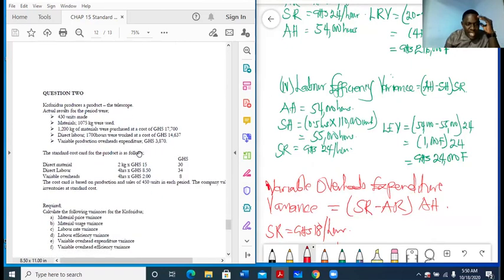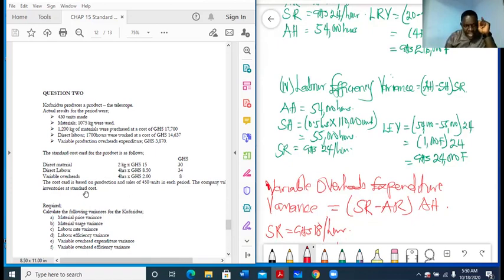Now the standard cost card for the product is as follows. Direct material: we need 2 kilograms of materials at 15 cedi, so that's 30 Ghana cedis. For direct labor, to produce a unit, we need 4 hours, and the rate of pay is 8 cedi 50 pesewas, giving us a labor cost of 34.